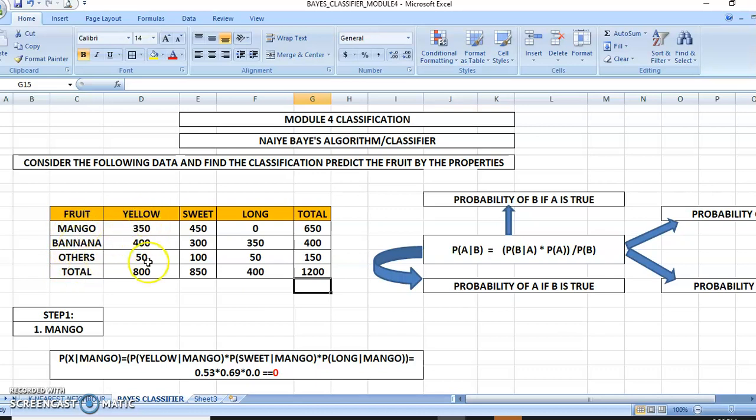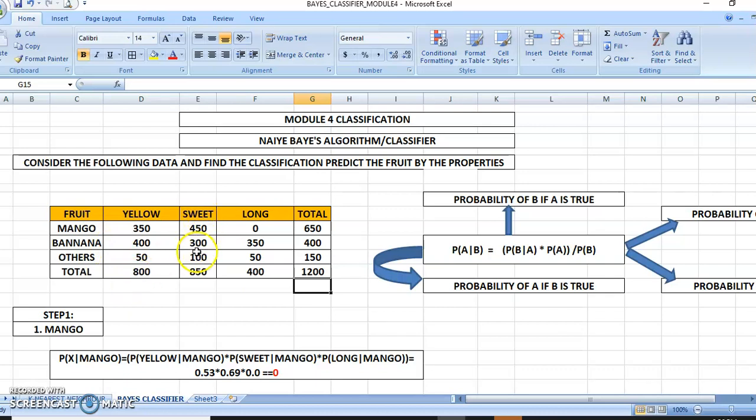These are the properties. Yellow is a property, sweet is a property, long is a property. For yellow, the values are 350 for mango, banana 400, others 50, just random values. In total, yellow is 800.